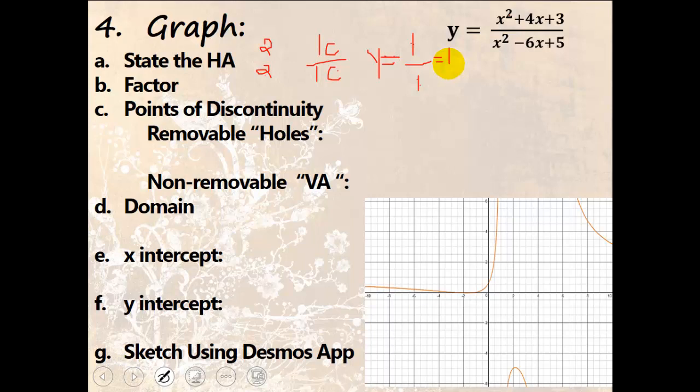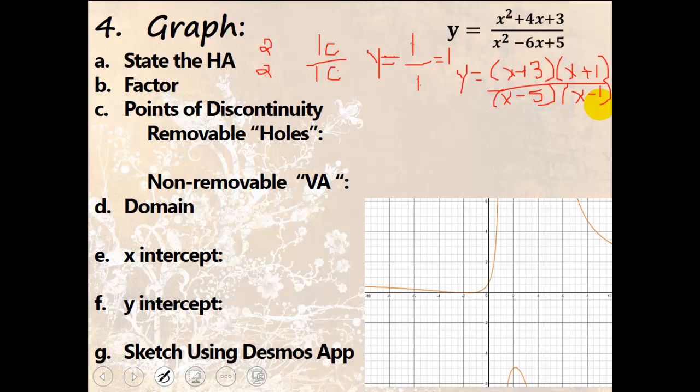Oh, I didn't want that to come forward. Oh, well. Now we're going to factor, and so we get y is equal to (x plus 3)(x plus 1) over (x minus 5)(x minus 1). Holes: do I have any removable holes?